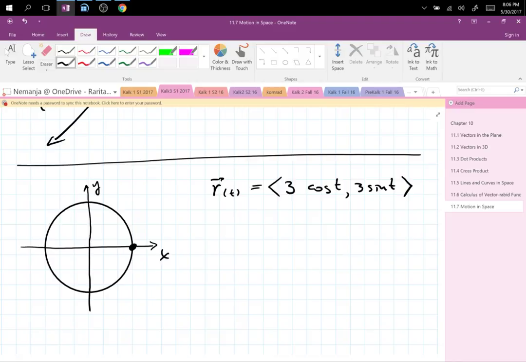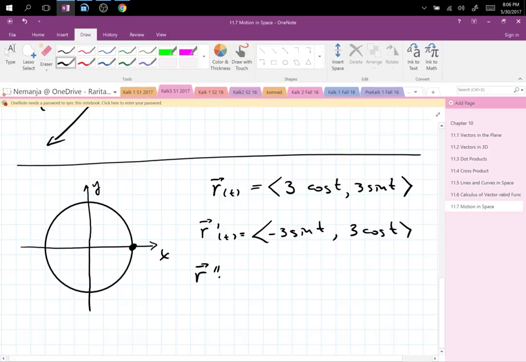And we can quickly find the velocity vector, which is r prime, as negative 3 sine t and 3 cosine t. And we can find acceleration, the double prime, which is negative 3 cosine t and negative 3 sine t.